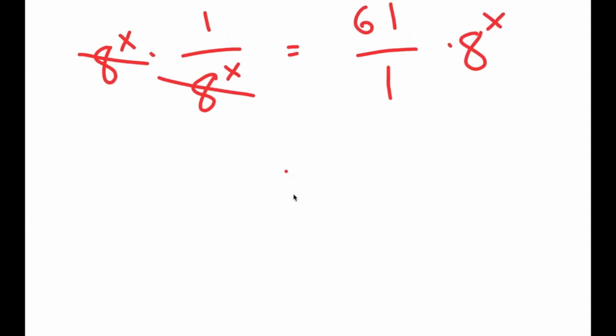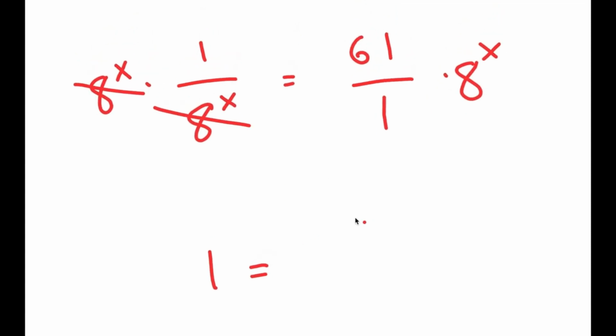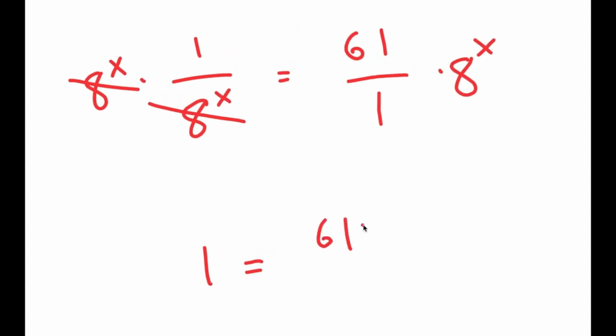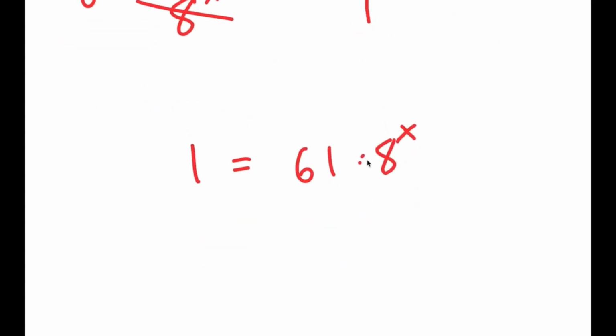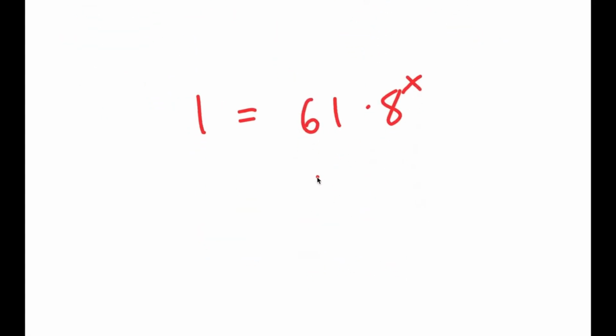So then these two cancel out, and I get 1 is equal to 61 times 8 to the power of x over 1, which is just 61 times 8 to the power of x. And now I'm going to divide both sides by 61.